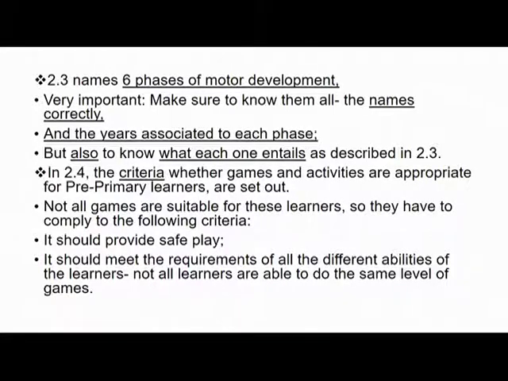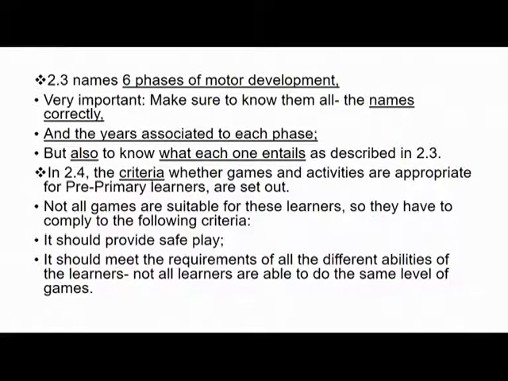In 2.4, the criteria whether games and activities are appropriate for pre-primary learners are set out. Not all games are suitable for these learners, so they have to comply with the following criteria. It should provide safe play. It should meet the requirements of all the different abilities of the learners.